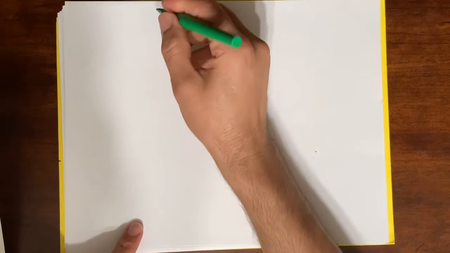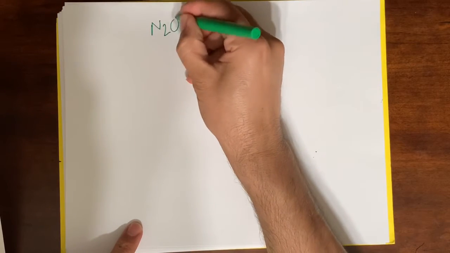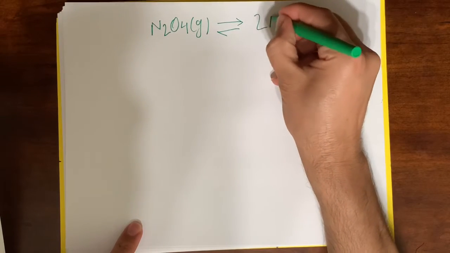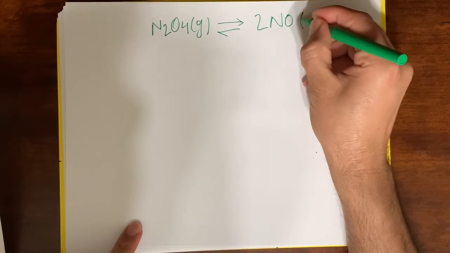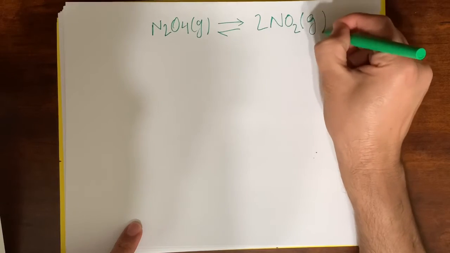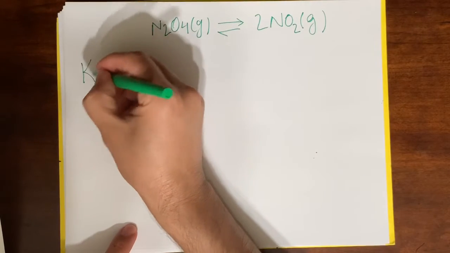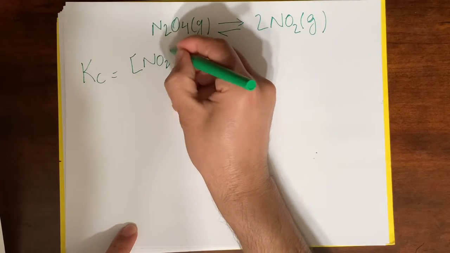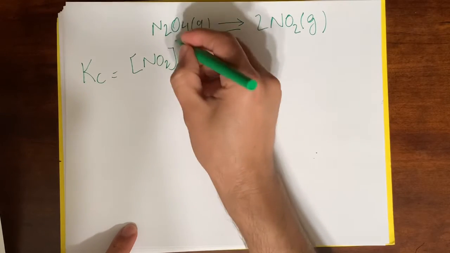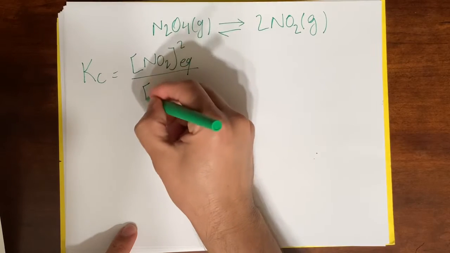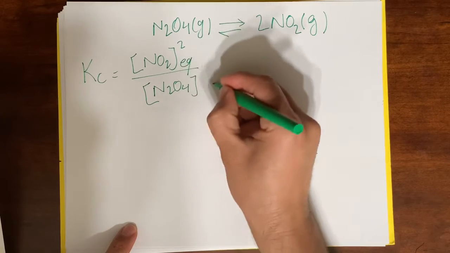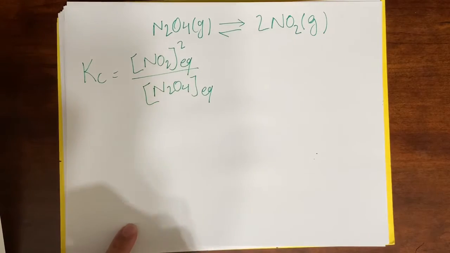So for example, if you have N2O4 gas under equilibrium with 2 moles of NO2, and this one is gas, Kc is going to be the concentration of product under equilibrium condition to the second, divided by the concentration of the reactant under equilibrium condition. And we have one here.